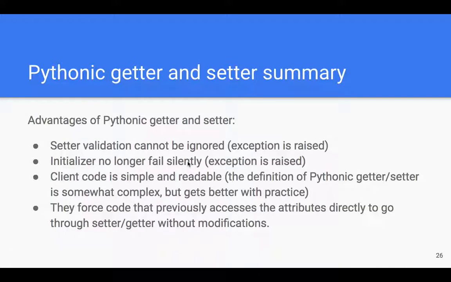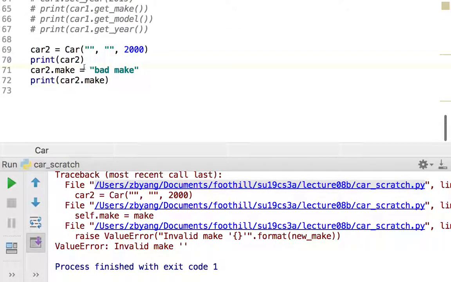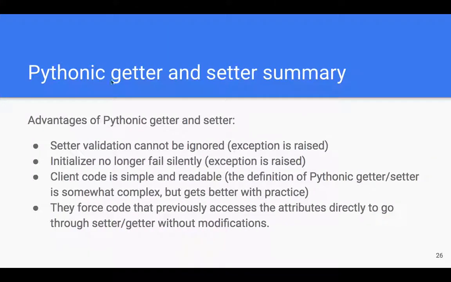And now let's look back at the number of reasons that we set out to do the getters and the setters the right way, and have we achieved all of those goals? Well, let's look at this. The setter validation: we said before that in the old setter, even though we return true or false, the caller is not obligated to check them, right?